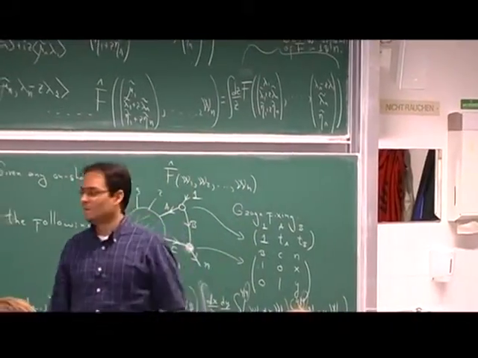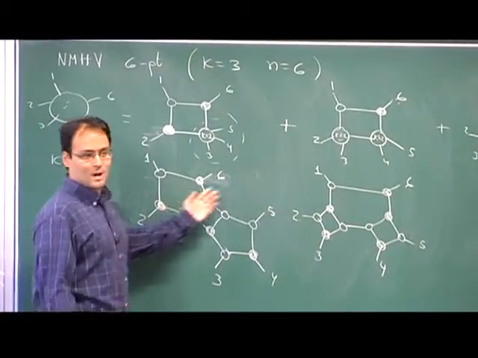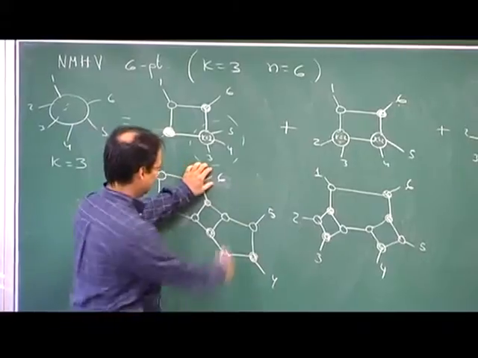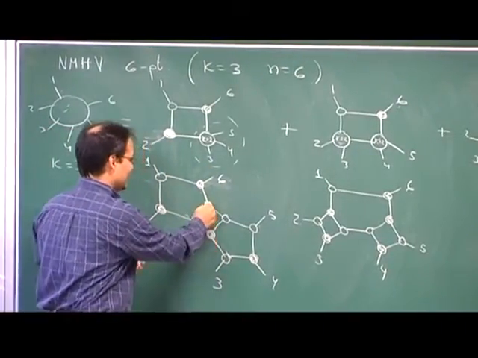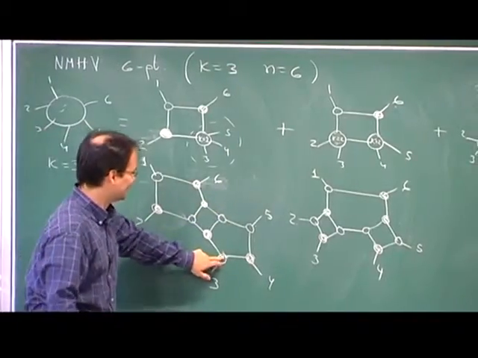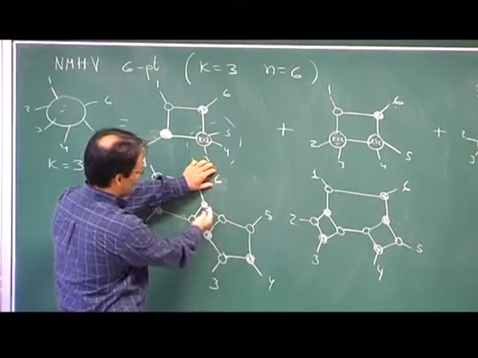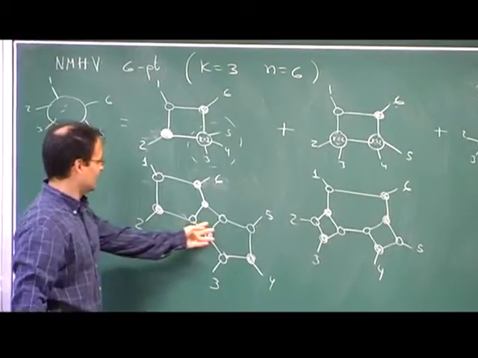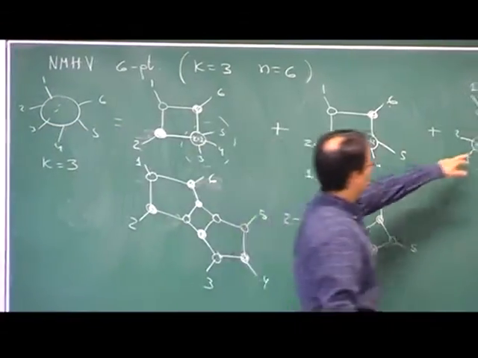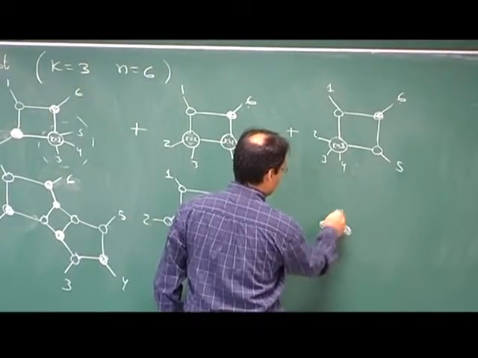So you take this guy, and then you reverse all the colors in the graph, and you get the parity conjugate version of it. So that's what we want to do here. Well, that thing is something that looks like this.